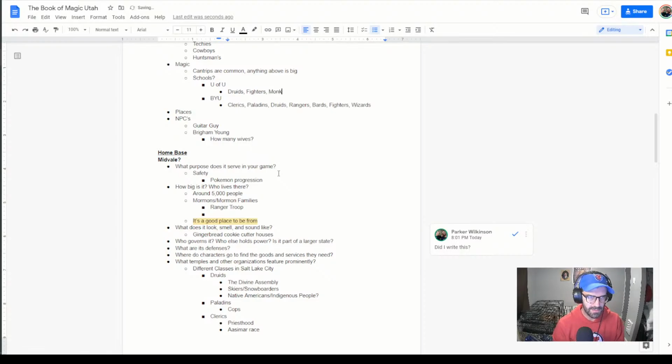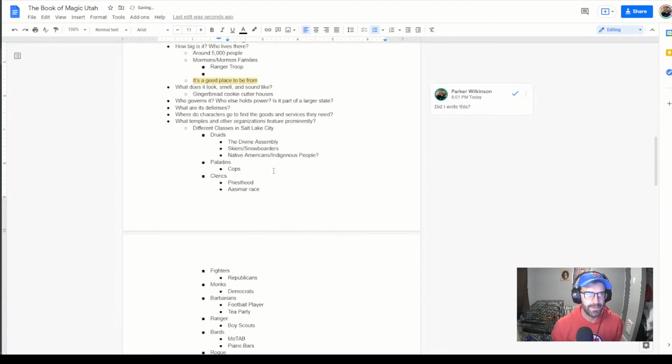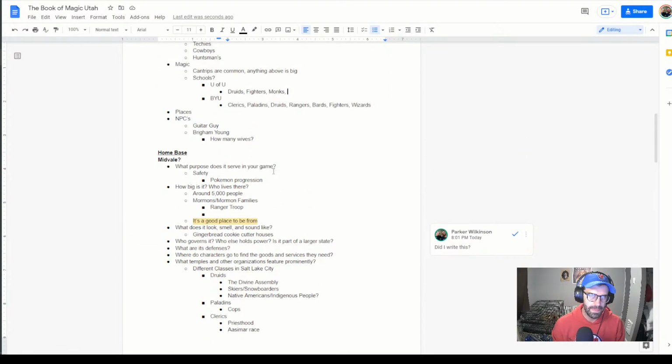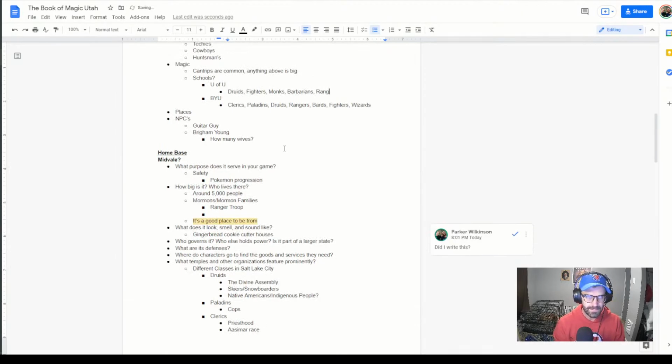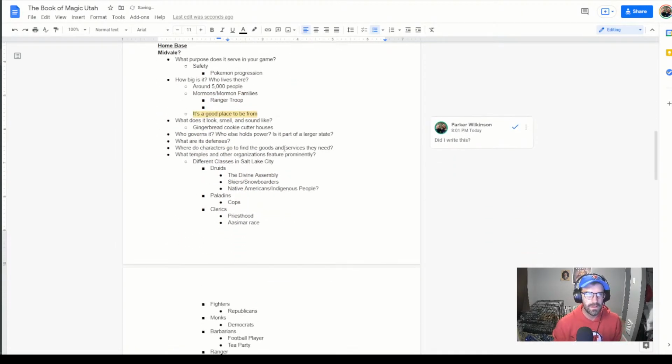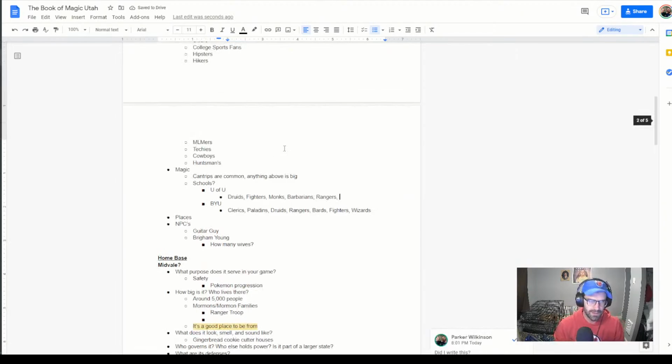Monks. Definitely monks at the U. For sure. Barbarians are at the U. Rangers are at both. Bards are at both.